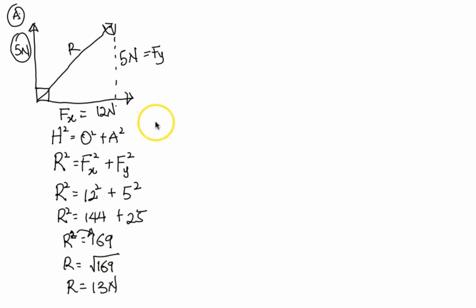And remember, for direction of the resultant, we use simply this formula. Theta is simply the tan inverse of the vector acting along the y over the vector acting along the x. Simply remember differentiation where you have the y over the x.